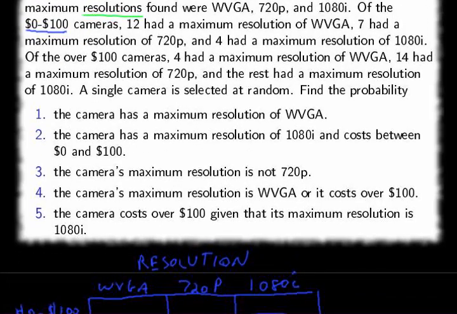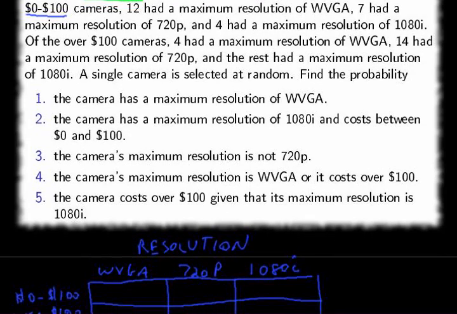Of the $0 to $100 cameras, 12 had a maximum resolution of WVGA, 7 had a maximum resolution of 720p, and 4 had a maximum resolution of 1080i. So we have 12 cameras with a resolution of WVGA and costing $0 to $100.